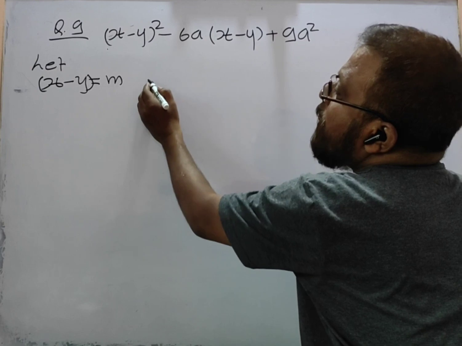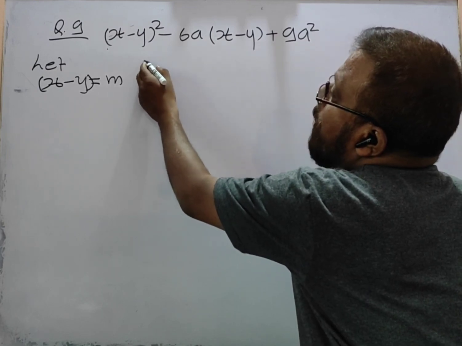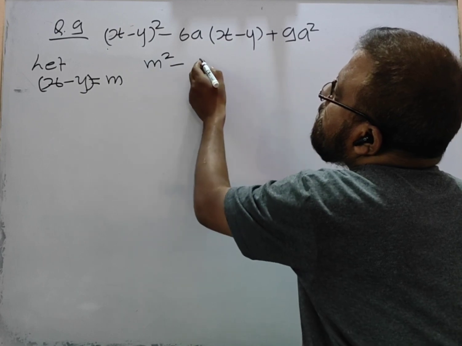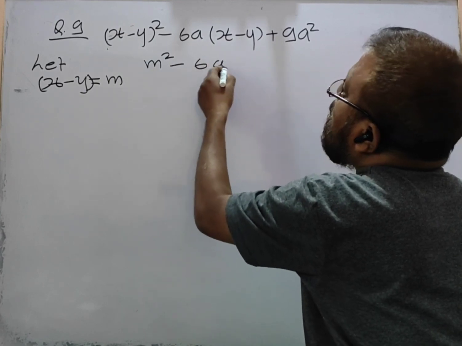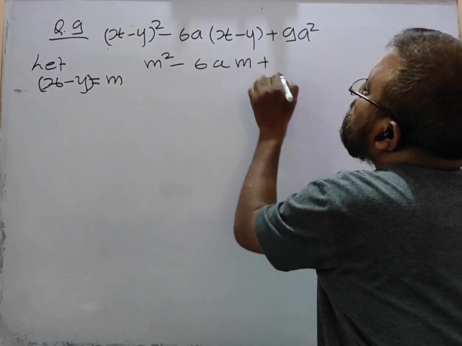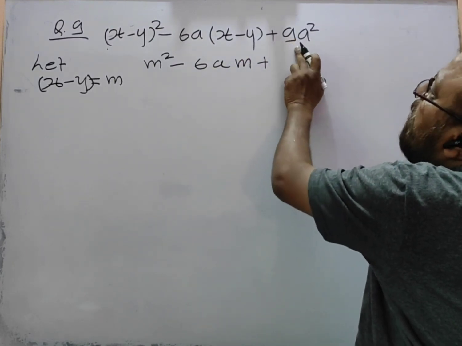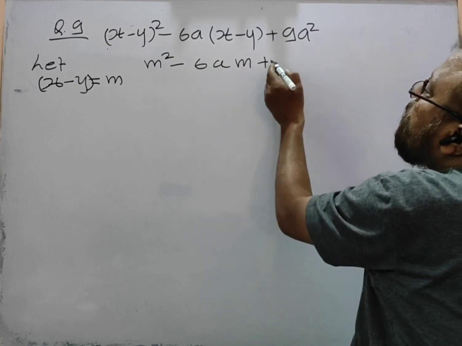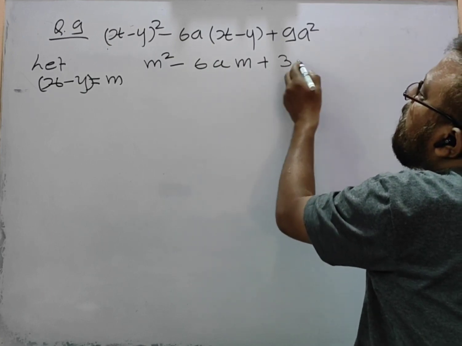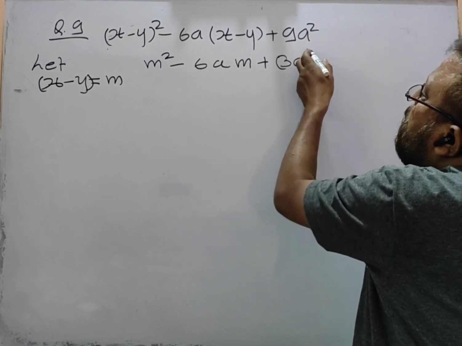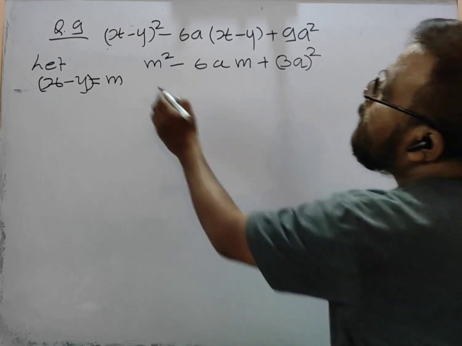So now we write m square minus 6am plus, this 9 is perfect square of 3, so we can write it (3a) whole square, right?